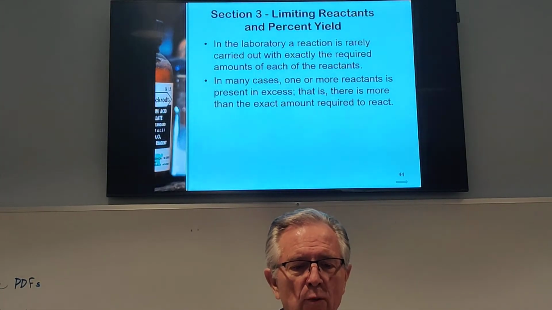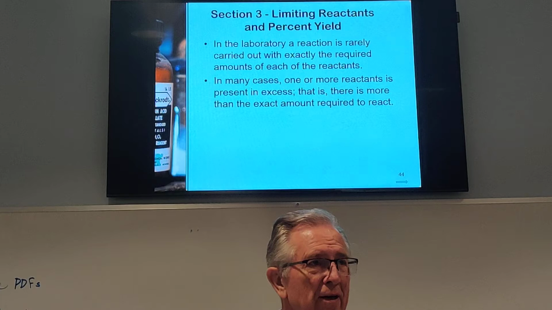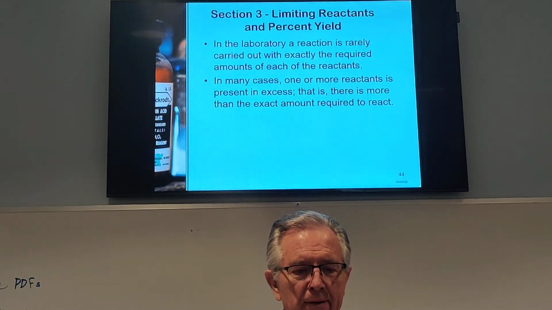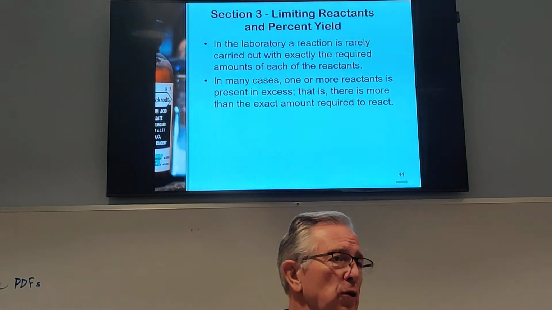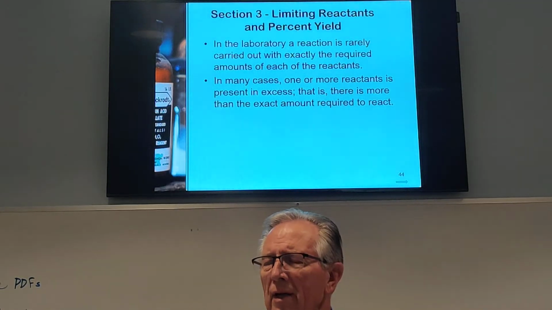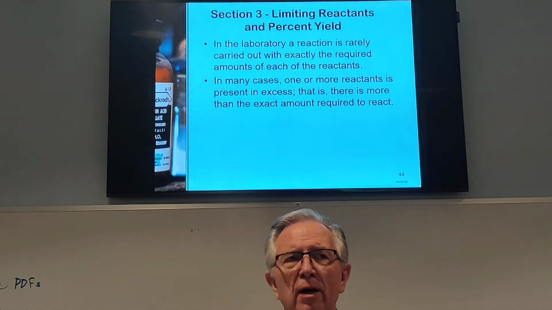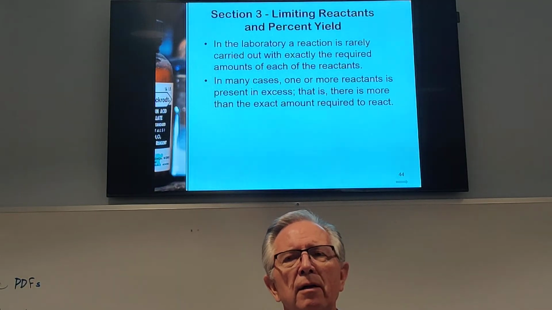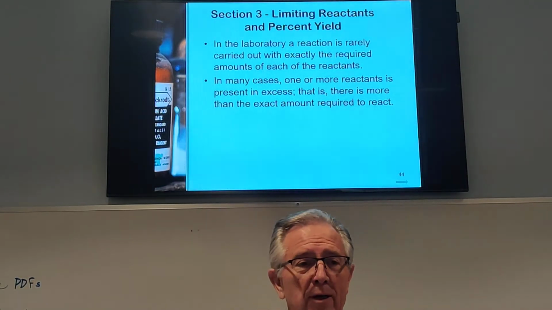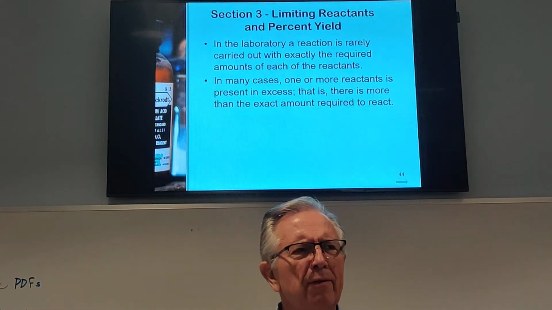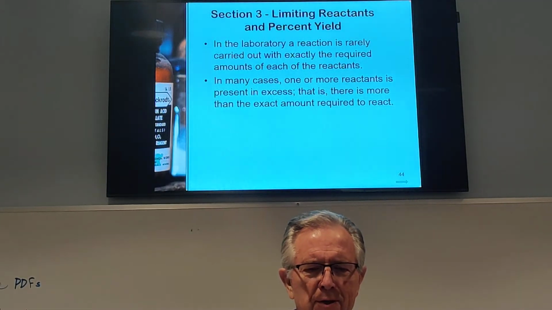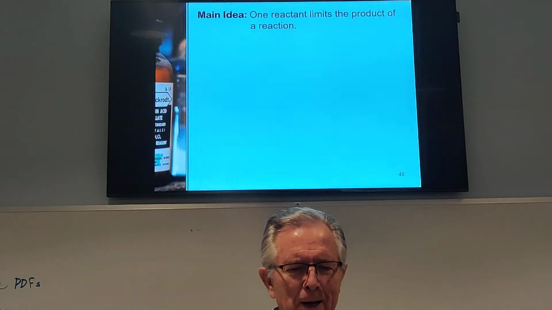In many cases, one or more of the reactants is present in excess. That means there's more than enough to make the other one get totally used up. We did a problem where we had an excess amount, I think it was oxygen, not sure anymore.